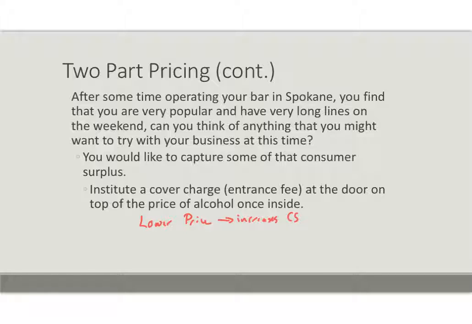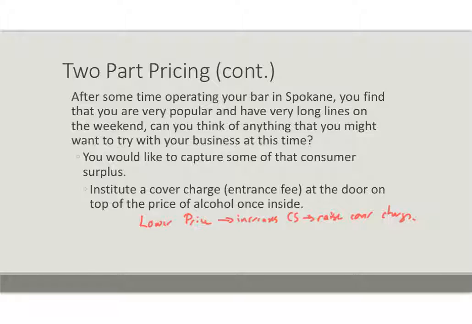Your consumers are getting more value when they're inside the bar, and then you're going to raise the cover charge. So they're not independent of one another. The more consumer surplus there is, the higher the cover charge is. If you can raise consumer surplus by lowering the price of your beer, you then turn around and capture that extra consumer surplus by raising the cover charge.